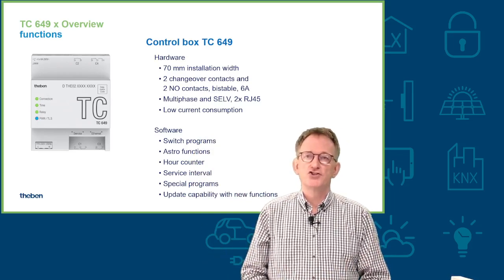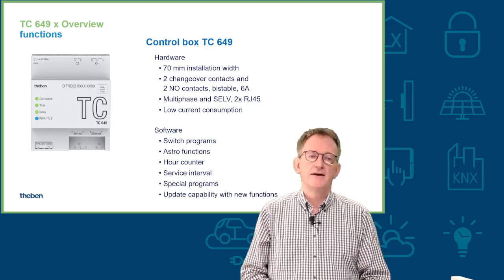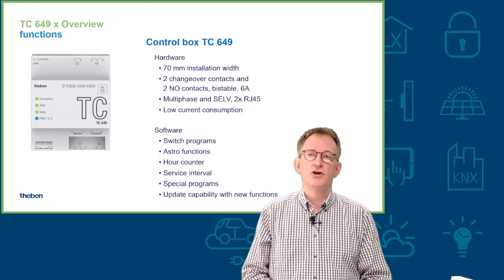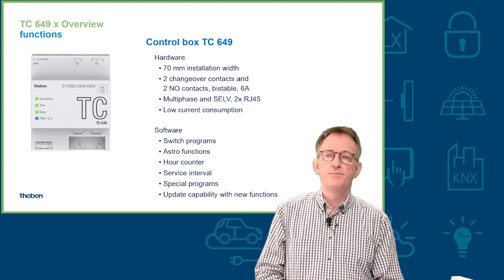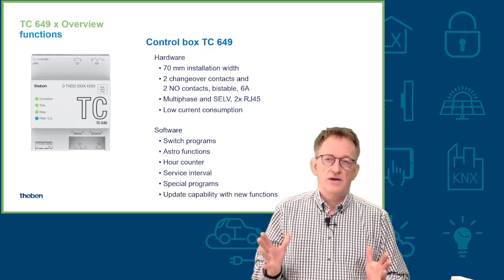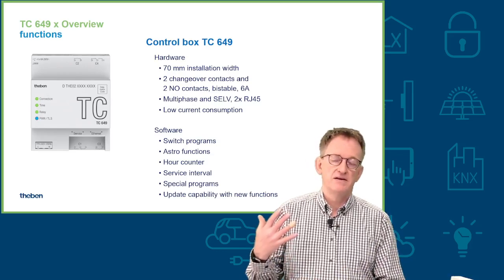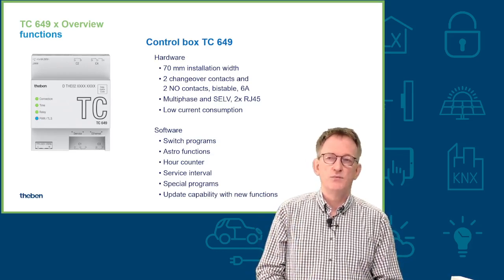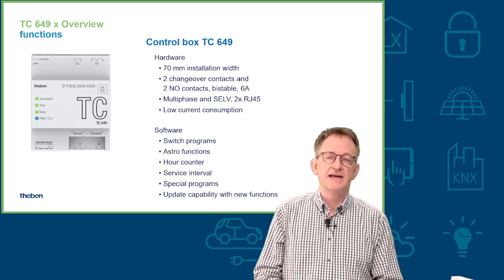We have 4 channels. 2 channels are changeover contacts, 2 are normally open contacts. All of these are bistable, and the maximum load you can have per channel is about 6 amps. If you want to switch a big office or a big advertisement banner with the TC, then you have to connect a bigger relay behind it to handle the load.